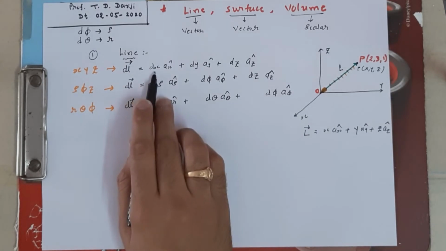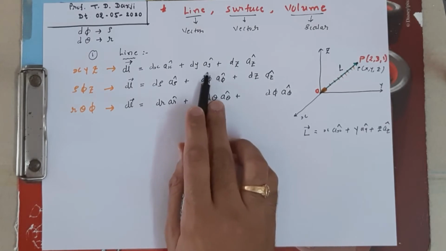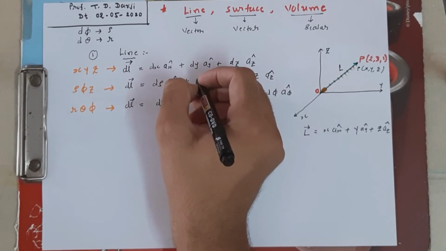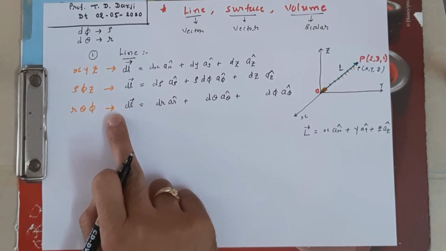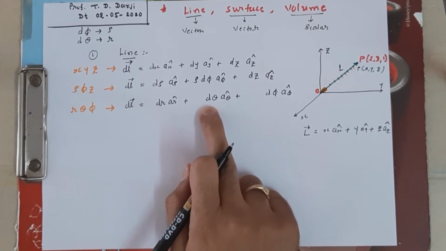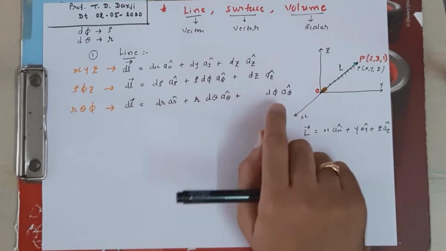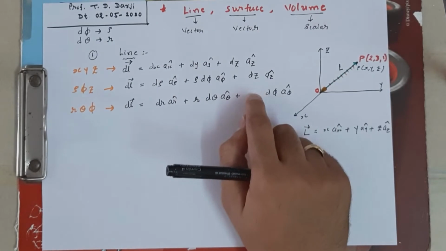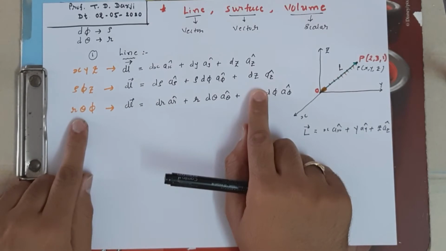In the first equation d phi or d theta is not present, but in the second equation d phi is present, so I have to put rho here. Next, d theta is present, so I have to put r before that. Now here d phi is present, so I have to put rho here.